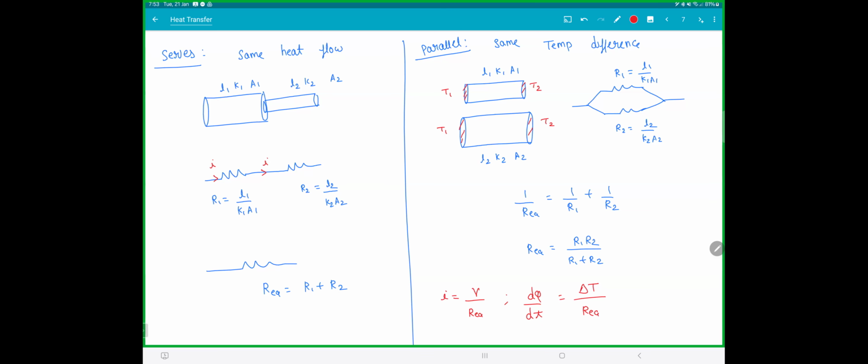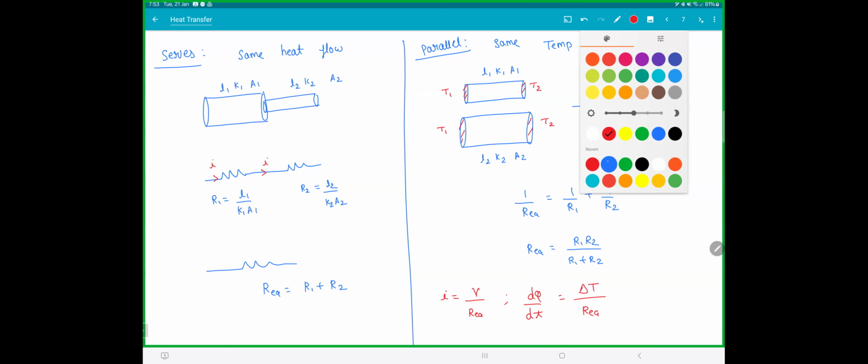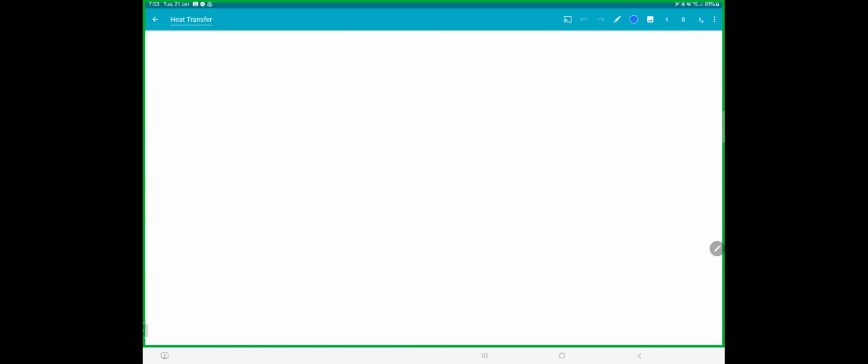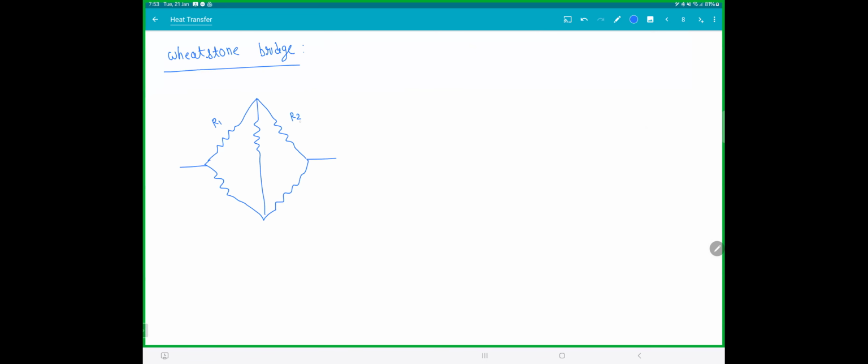Now, other than this, there's something also called Wheatstone bridge. This we will see in more detail in current, but you need to have an idea about this. It comes a lot. If you have a resistance like this, R1, R2, R3, R4, and R5.